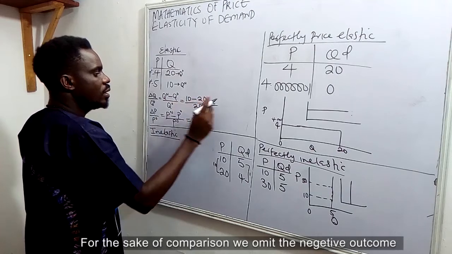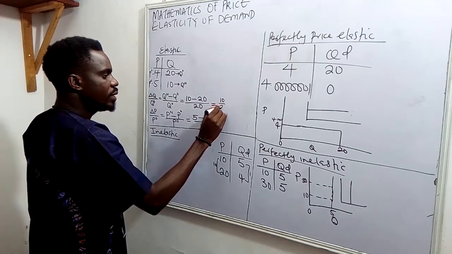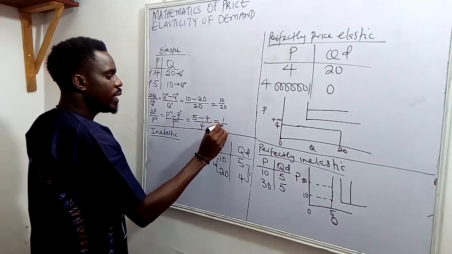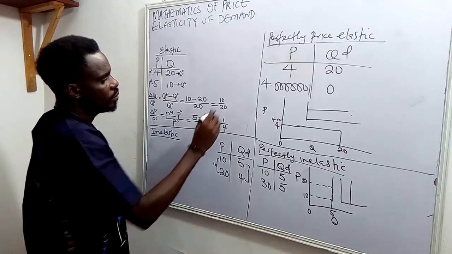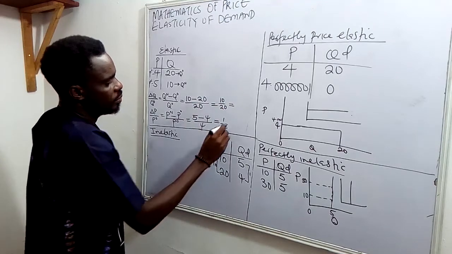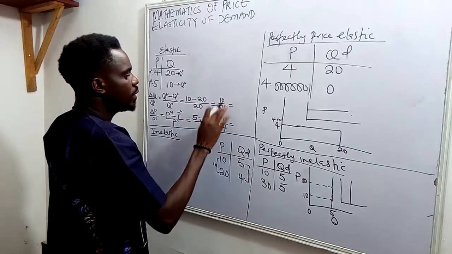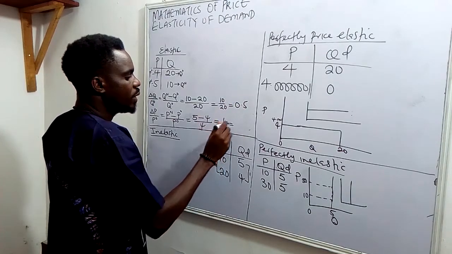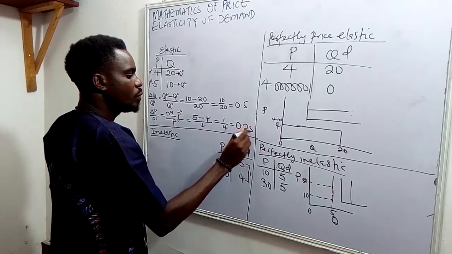As such, this will be 10 divide 20 equals 1 divide 4. 10 divide 20 is 0.5. 1 divide 4 is 0.25.